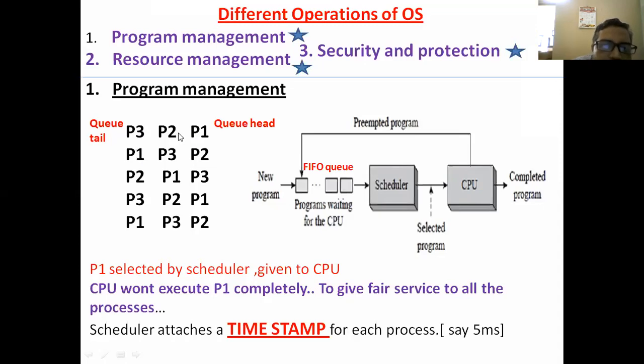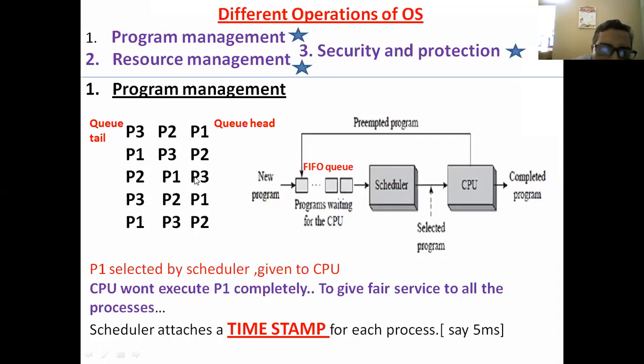After P1, the next program, P2, comes to the head of the queue, and P2 is also executed for 5 milliseconds. After P2 is executed for 5 milliseconds, it is placed at the tail of the queue. After P2, P3 comes to the head of the queue, and P3 is executed for 5 milliseconds.